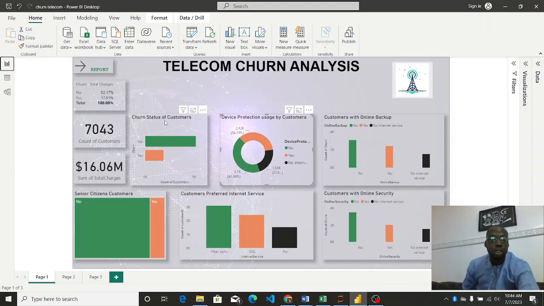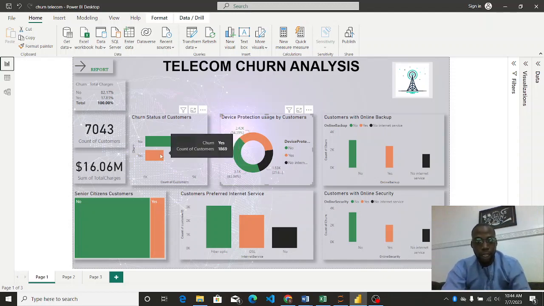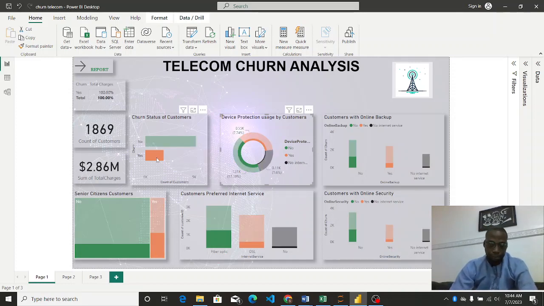So going to the dashboard, we'll start from the churn status of customers. We want to know the churn status of the customers. So we are not interested in the people that didn't churn. We are interested in the people that churned, which are the yeses. So going by that, we can say that 1,869 customers churned the telecom service.